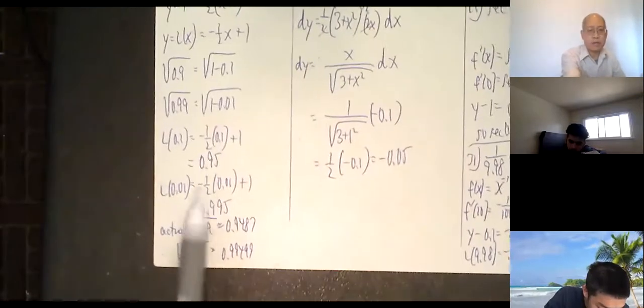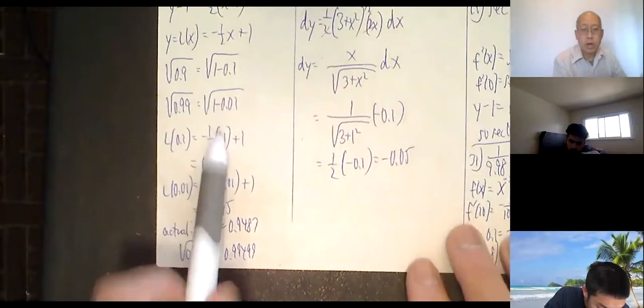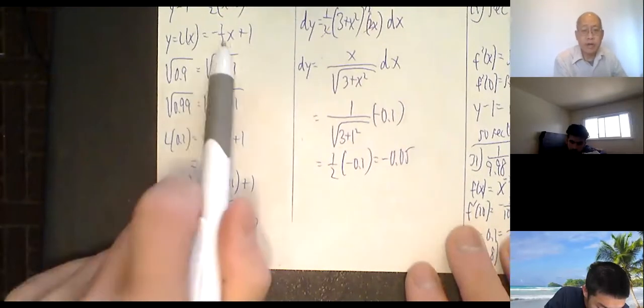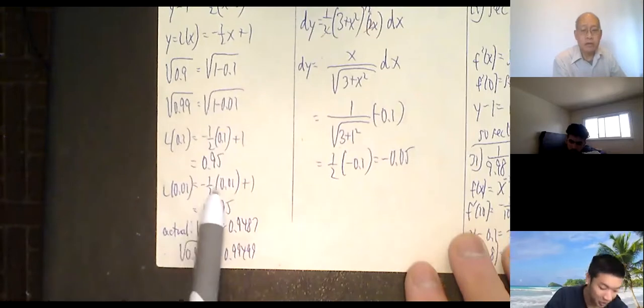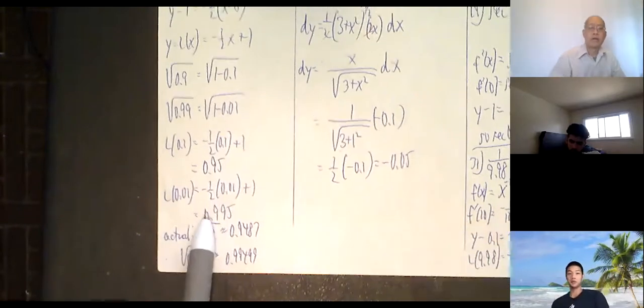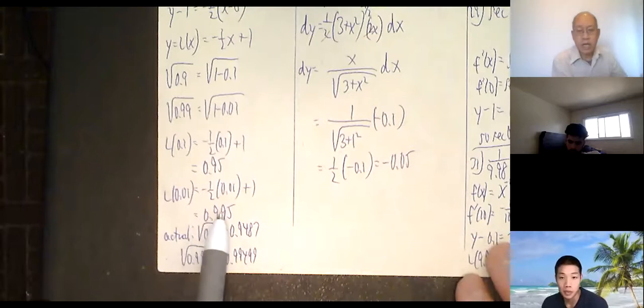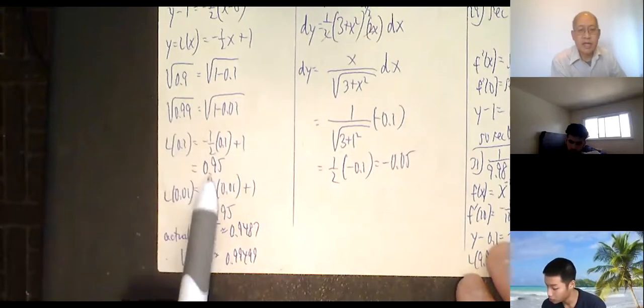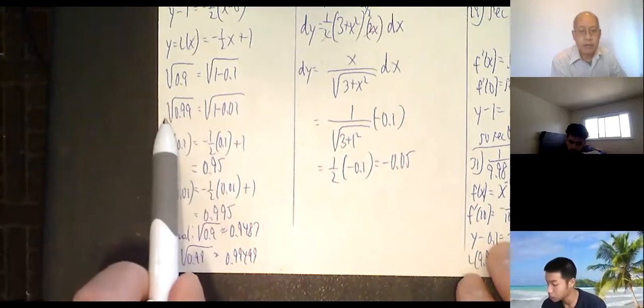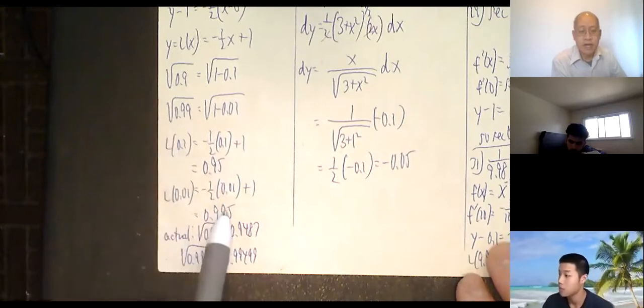That's the thing that's a little bit tricky about this. So I plug in 0.01: negative 1/2 times 0.01 plus 1. Punch it out, 0.995. So my approximation for the square root of 0.9 is that, and the approximation for the square root of 0.99 is that.